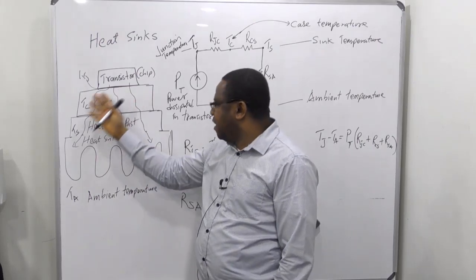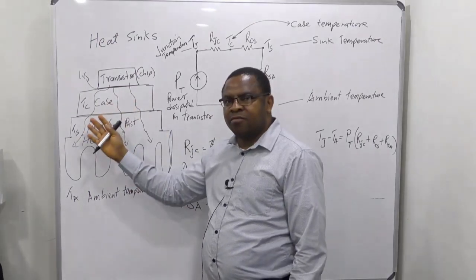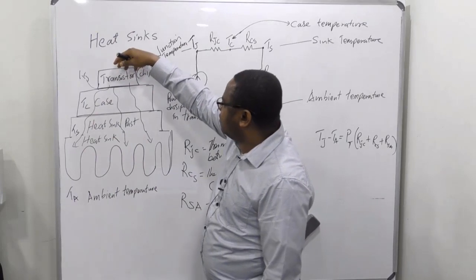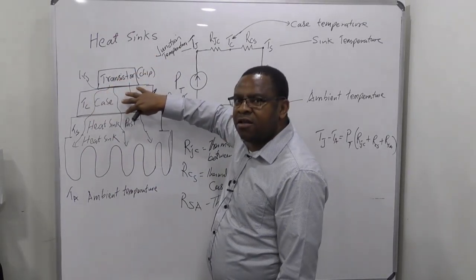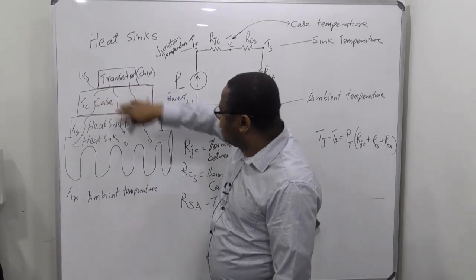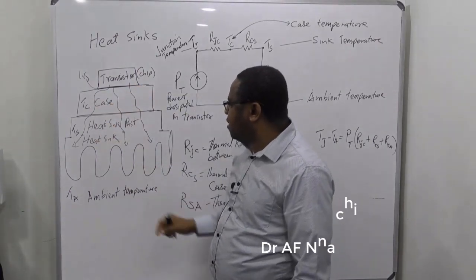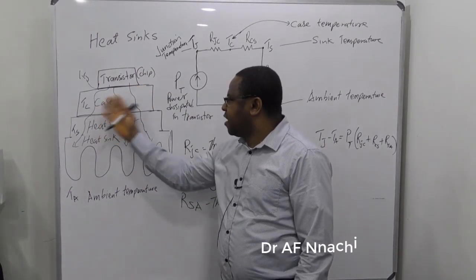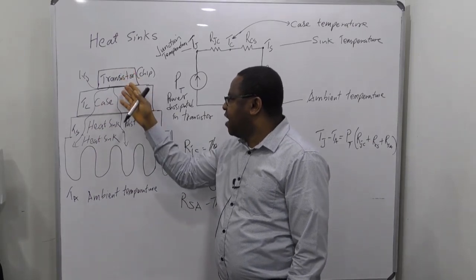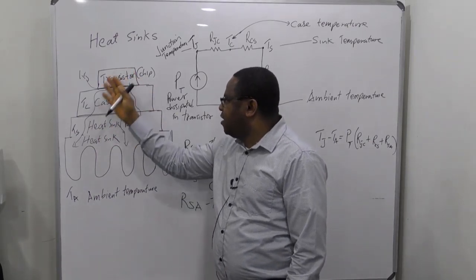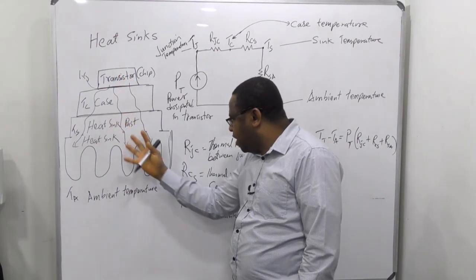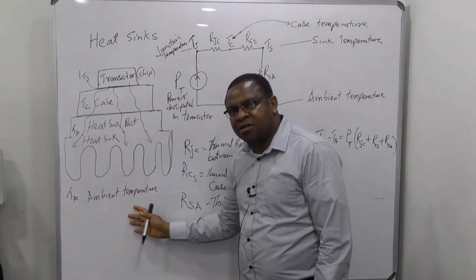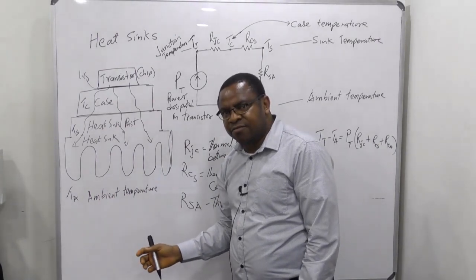So that is why we need a heat sink. So when you mount this on this, the heat sink has a case. Okay, it has a case, and then it has the heat sink itself. So this is a case. This is mounted on that, and so heat that is generated here is going to dissipate, flow through here until it comes out. This is the ambient outside.